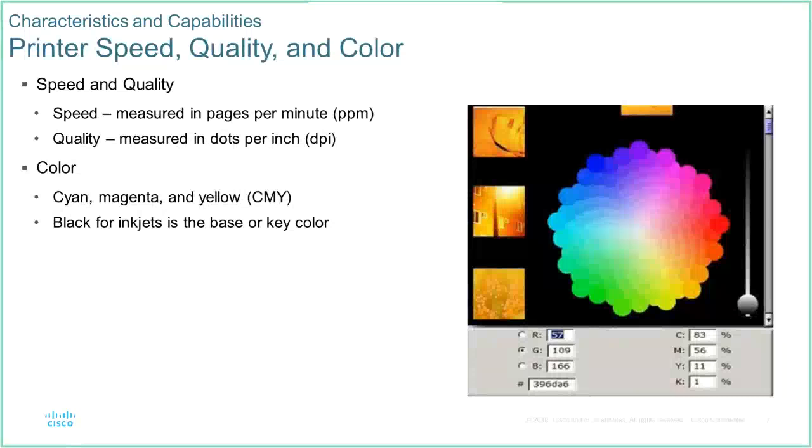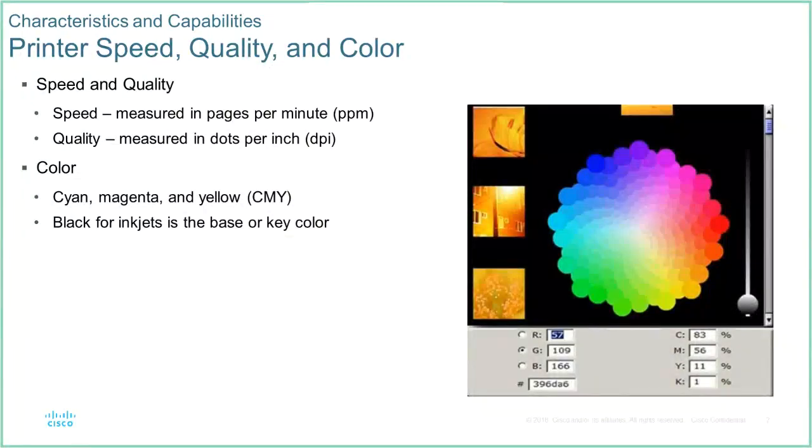All right, speed, quality and color functions vary across the board, and basically speed's measured in pages per minute and the quality is in dots per inch.